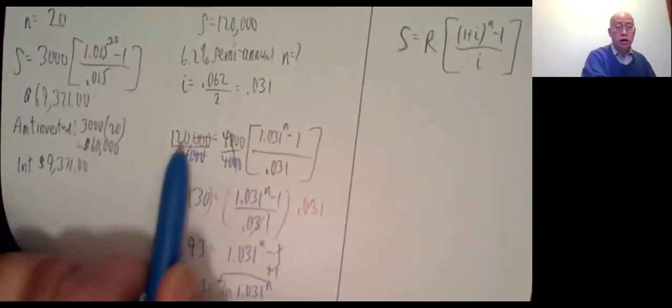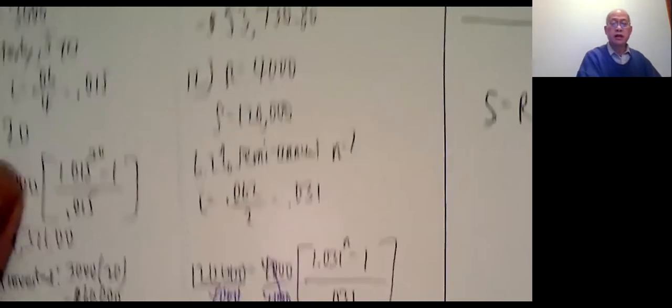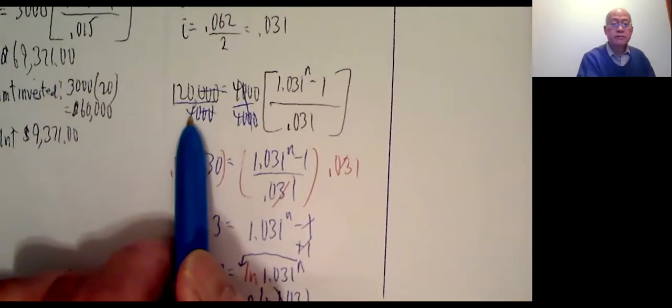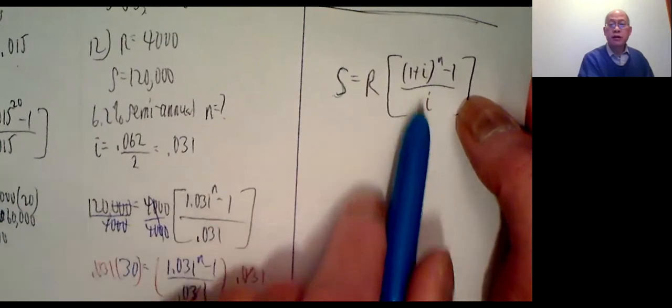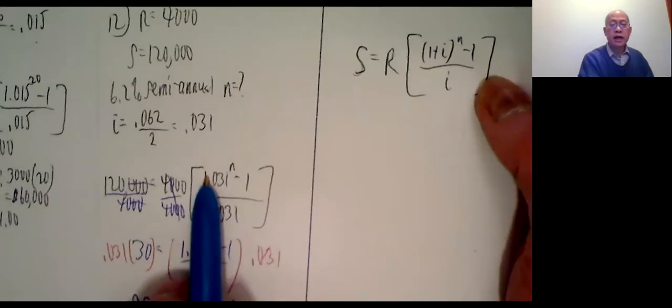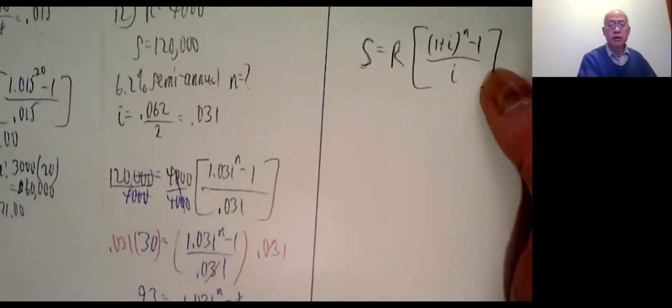Maybe I should raise this up again for focusing, in case you want to look at the video later and say it's out of focus. So 120,000 equals 4,000 times, 1.031 to the n power minus 1, divided by 0.031.